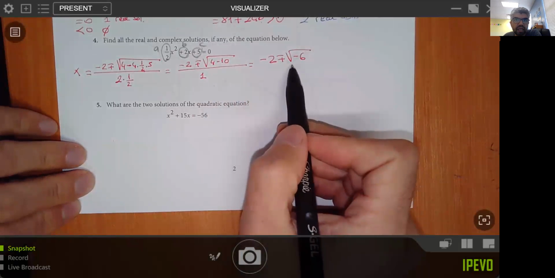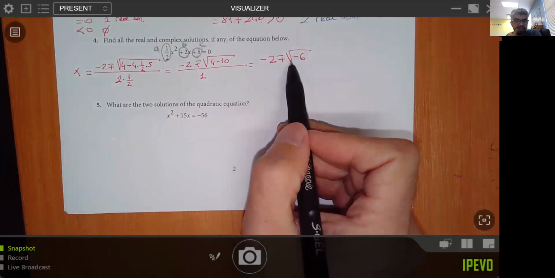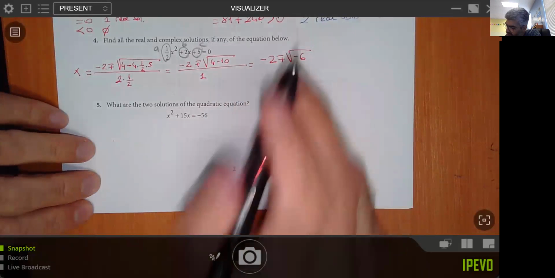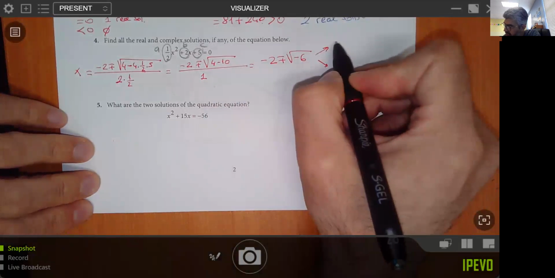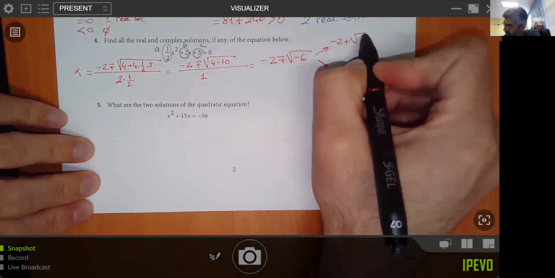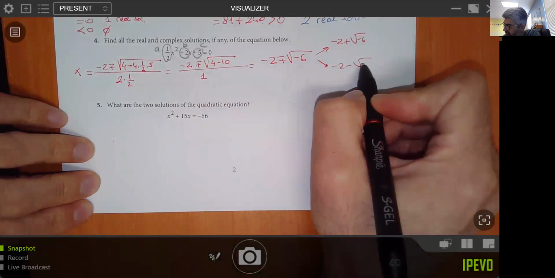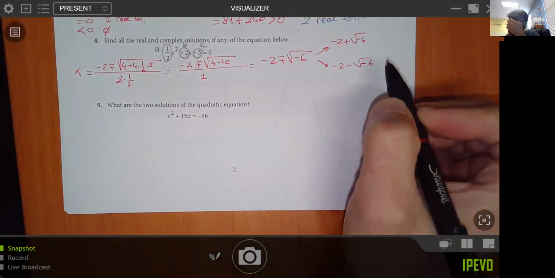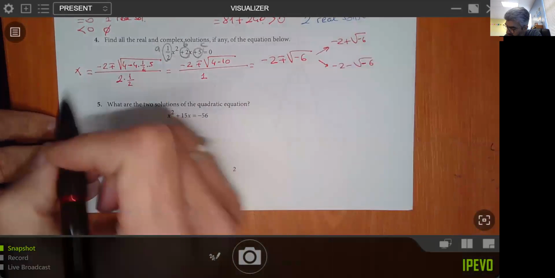What does it mean? We don't have any real solution, but we have complex solutions. So what are those solutions? From here, we have two solutions, right, guys? Negative 2 plus square root of negative 6, and negative 2 minus square root of negative 6. Well, we are going to use the imaginary root.